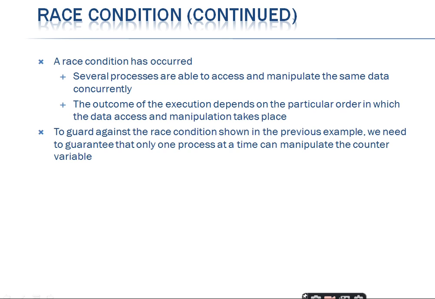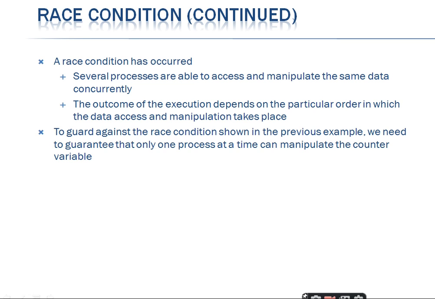The outcome of the execution depends on the particular order in which the data access and manipulation takes place. What result you will get after this race condition depends on the order in which the data access and manipulation occurs.